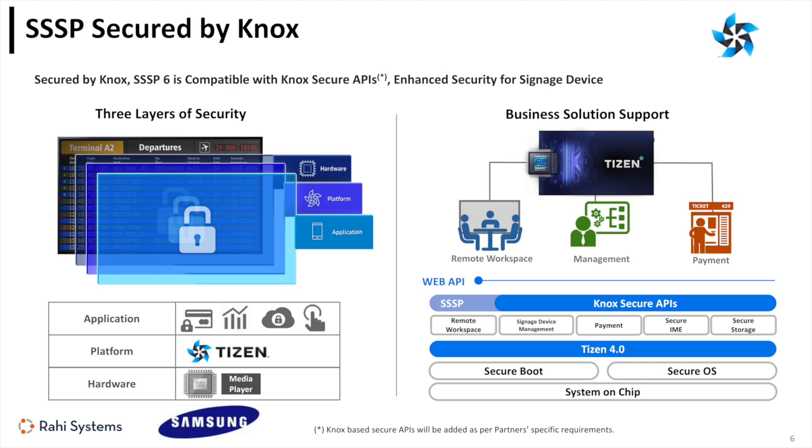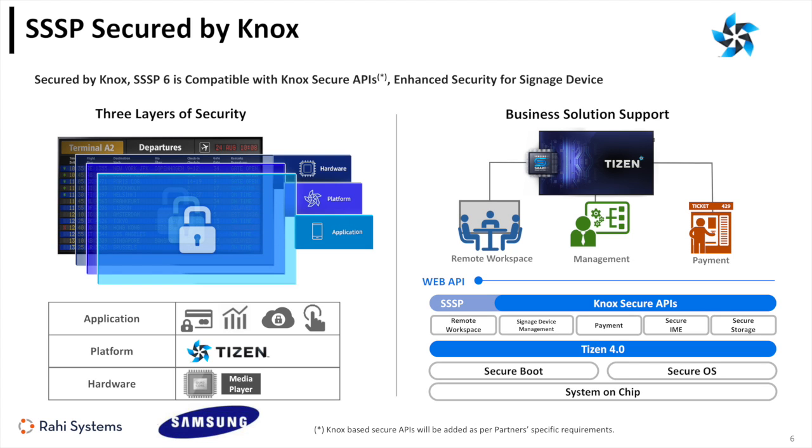The current Smart Signage platform is secured by our Knox platform. So SSSP6, which is releasing this fall, is compatible with a Knox secure API system, bringing enhanced security for signage devices. It offers 3 layers of security. It's down at the hardware part and embedded into the hardware.